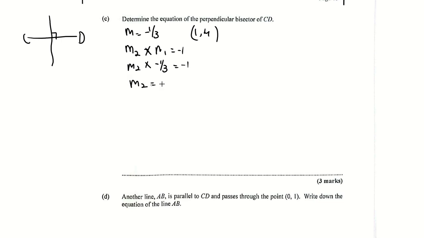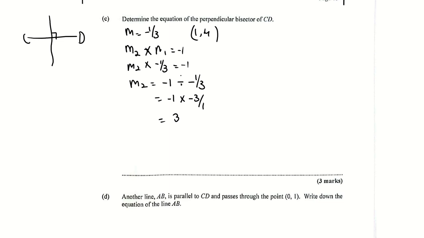So m2 would be negative 1 divided by negative a third, which would be minus 1 multiplied by negative 3 over 1, which is equal to positive 3.